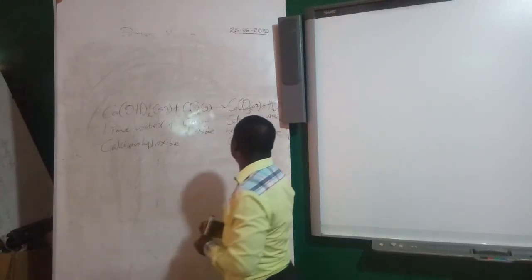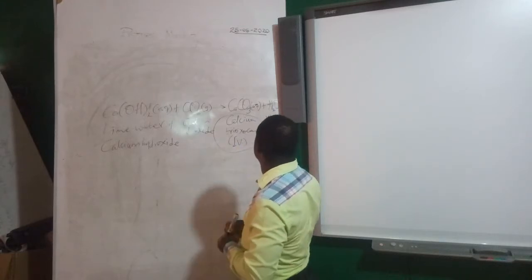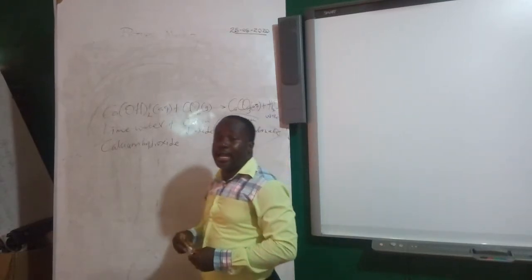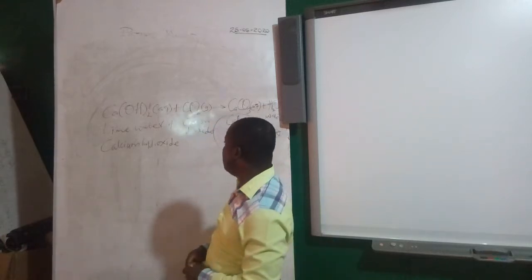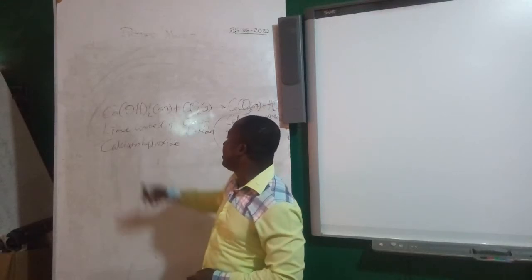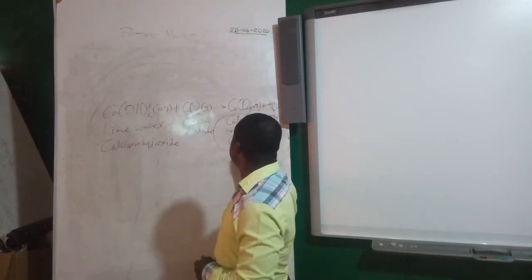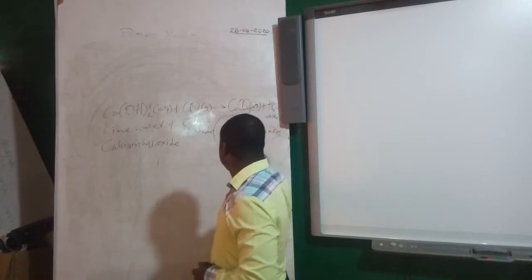And now look here. It is this calcium trioxocarbonate(IV) that gives the milky nature of the solution when carbon dioxide is passed through lime water or calcium hydroxide. This gives the milky nature of the solution.